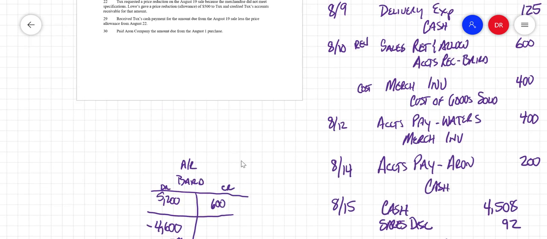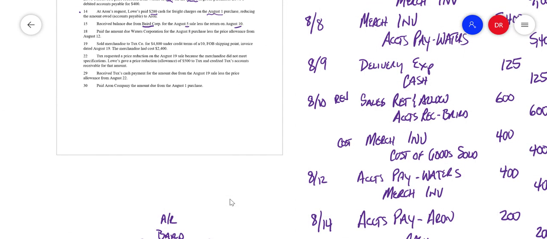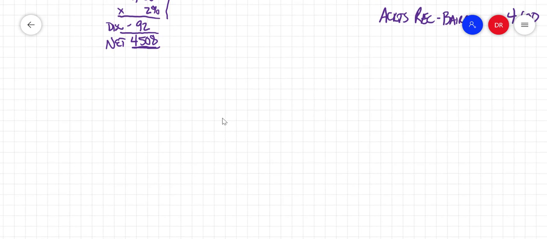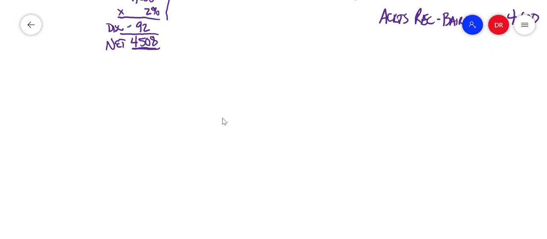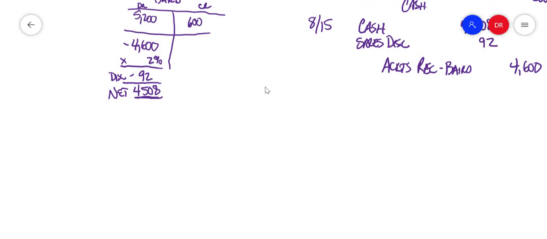I'll go back up here again, and it says August the 18th, paid the amount due Waters for the August 8th purchase less the price allowance. So again, we're going to have to do some calculating here. So we have the beginning balance with Waters for the purchase, and then we're going to deduct. So we have an accounts payable for Waters. We owe Waters this money.